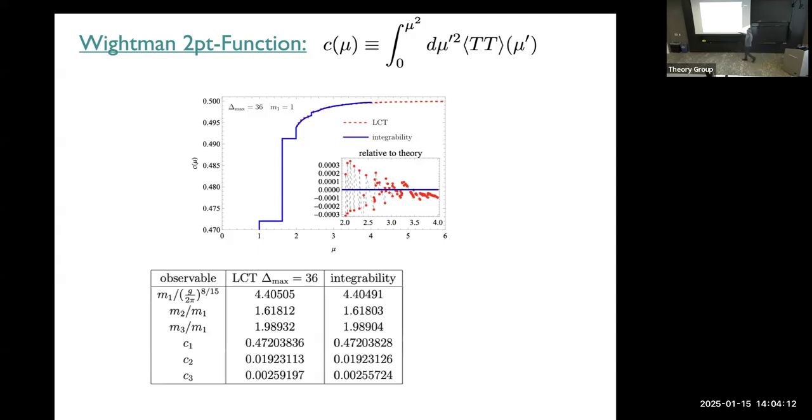And if you compare various quantities like the masses or the contribution to the C function from the first, second, and third bound state, you see that the agreement between our truncation and integrability is very good, despite the fact that at this truncation level, we only have less than 500 states.